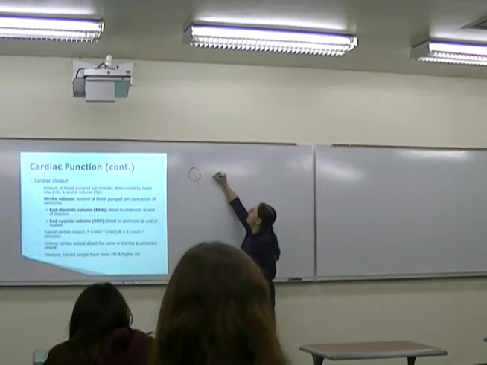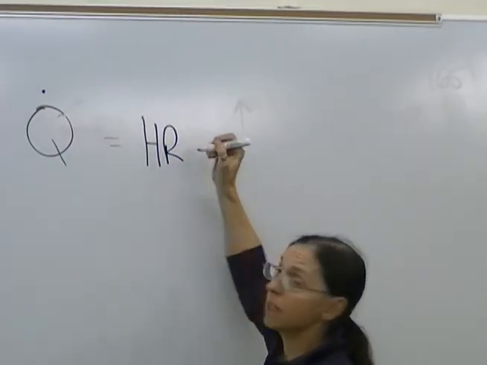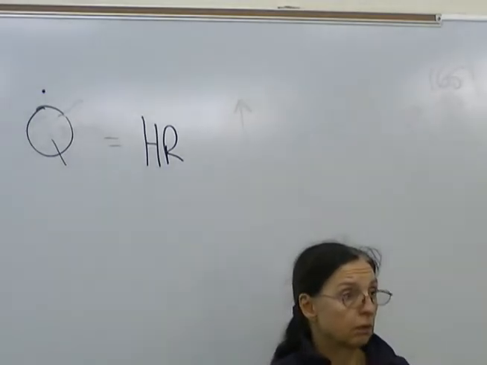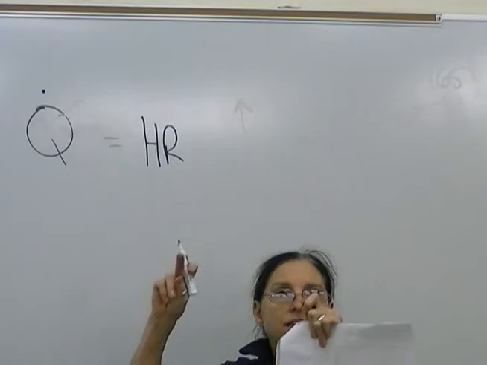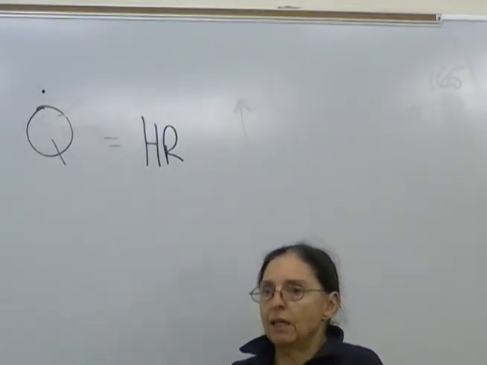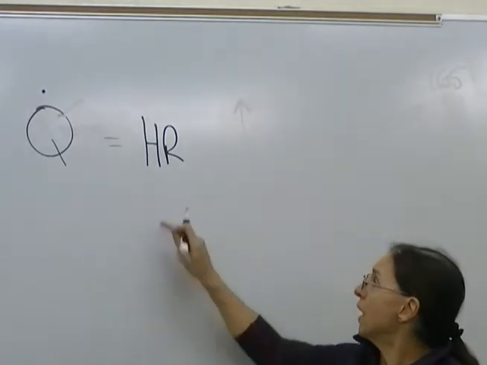So, how much blood comes out per minute? Well, how many times is my heart contracting per minute? When we measure heart rate, we measure beats per minute. Beat is contraction. So we could call heart rate 65 contractions per minute, but we use the term beat, which is the same thing.